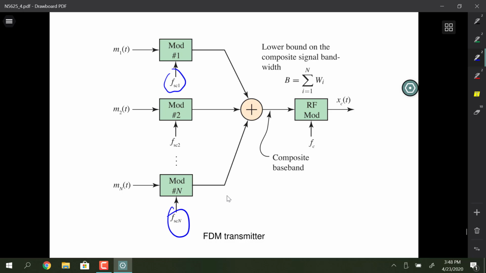And the idea is you're going to sum all of these modulated subcarriers together in such a way that the spectra of each of them don't overlap.